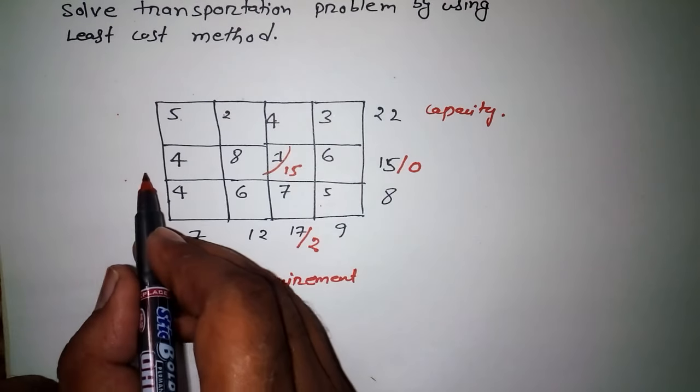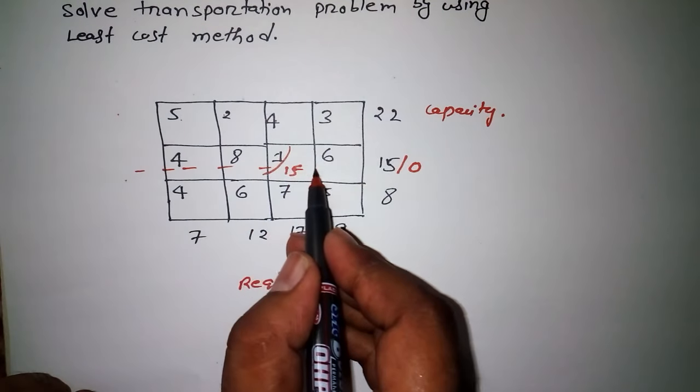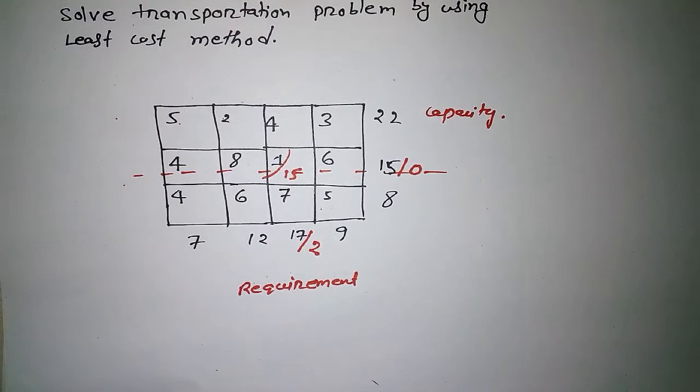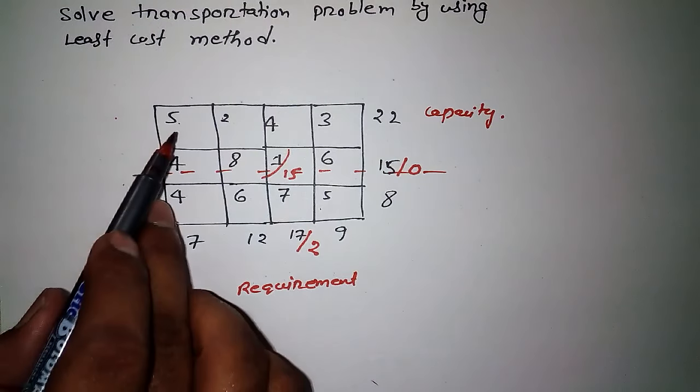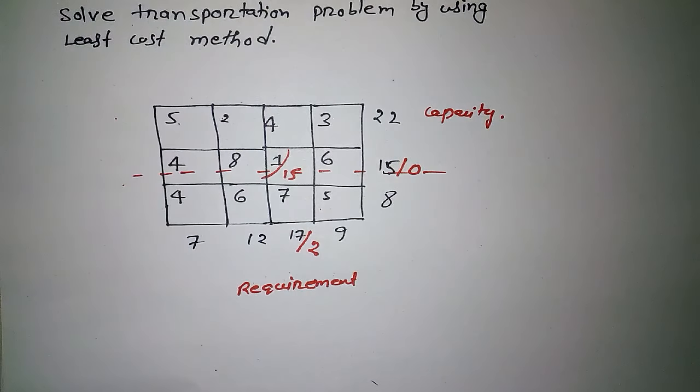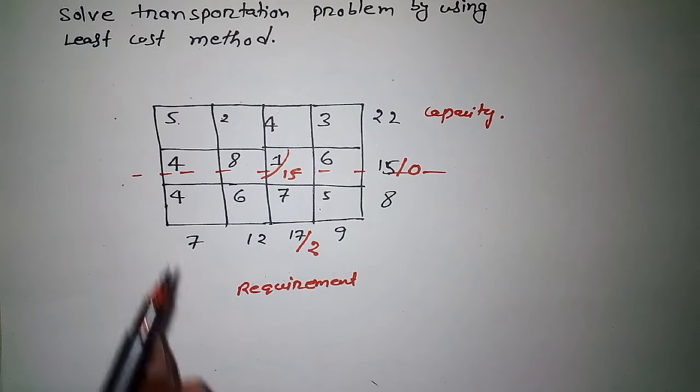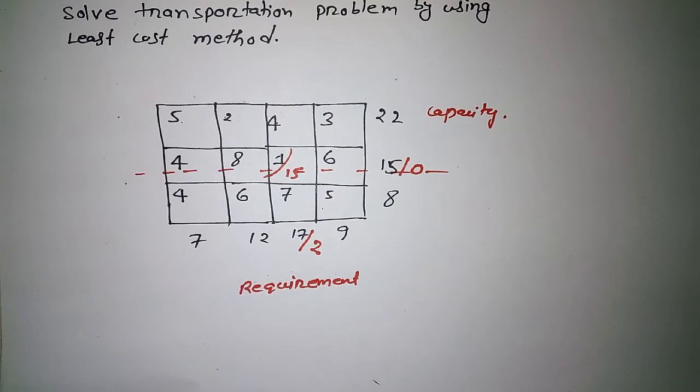Now in this horizontal row we don't have anything else, so we don't need to do anything in this row. Now we need to find the least value again from the remaining two rows, the top one and the bottom one. We are having the value 2 on the top row.